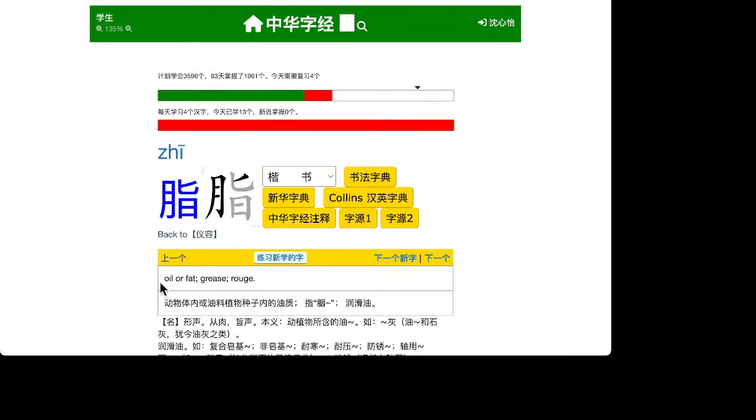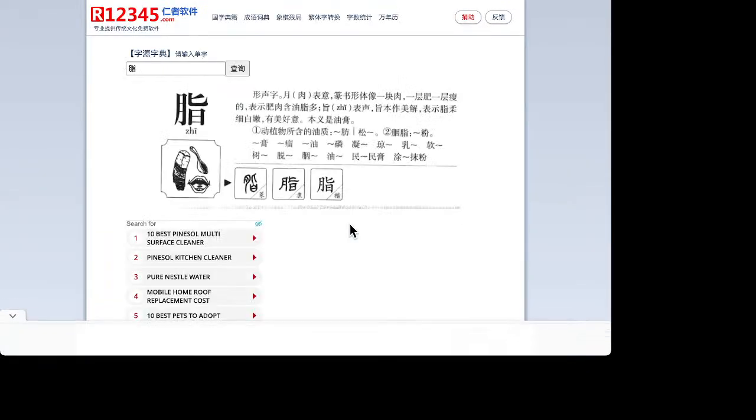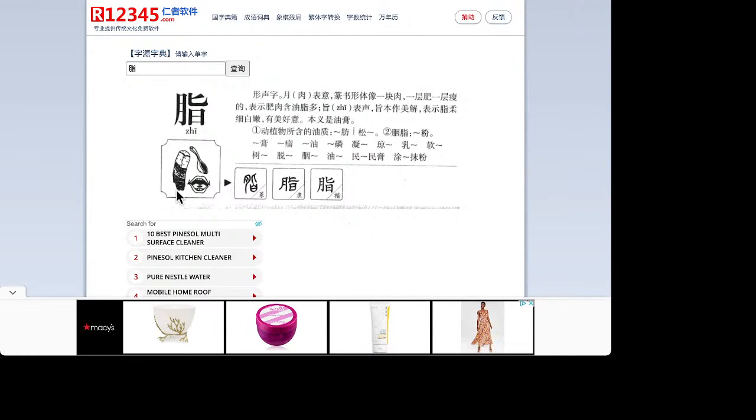Zhi refers to oil, fat, grease. So, on the left is a slab of meat, and on the right, this zhi referred to things that are fine or good. And so we would refer to fatty meats as good meats because they're rich, especially back in the day.